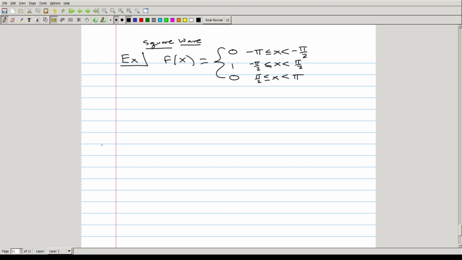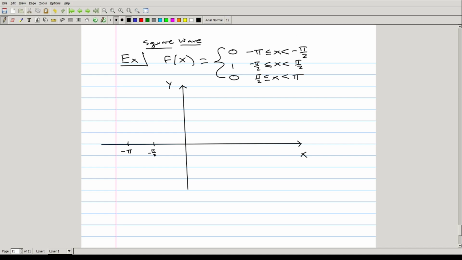The example can be done using a general L if you want to, but I'm just going to use pi because it simplifies a decent amount when you go through and do the Fourier series coefficient calculations. This is from negative pi to negative pi over 2.